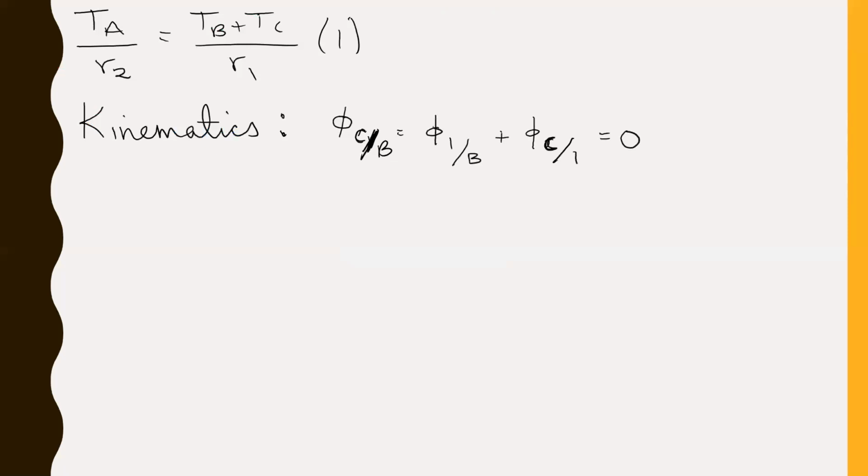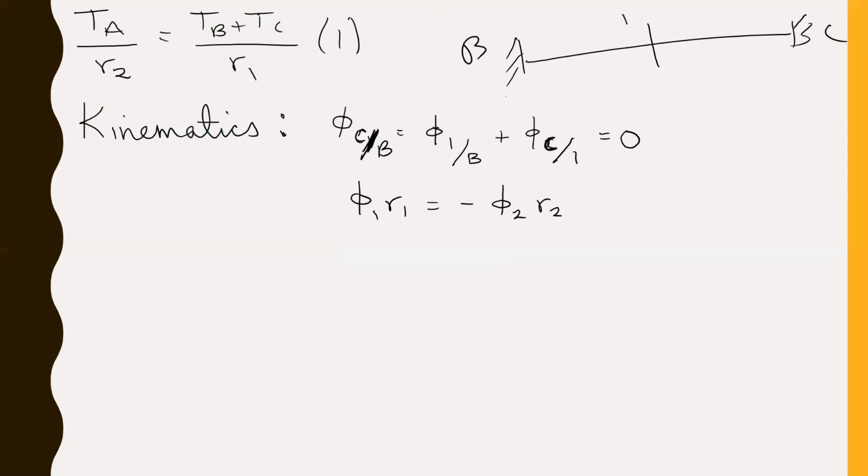And the other thing that you stated was the compatibility. So we said phi1 R1 equals negative phi2 R2. Good. So twist of 1 relative to B is the same as saying B relative to 1? It's going in a different direction. So what I've done here, if this is B, C, gear 1, I'm always going from left to right.